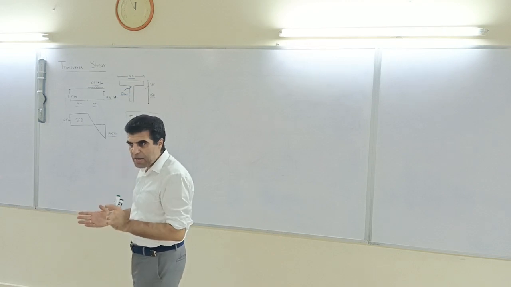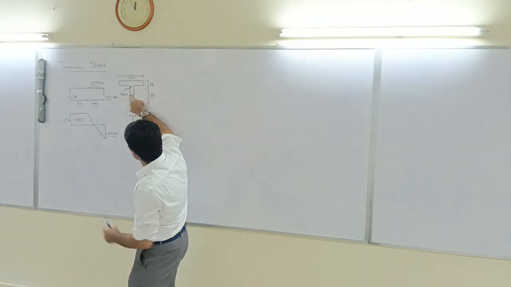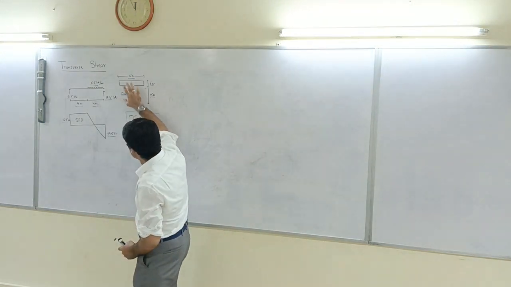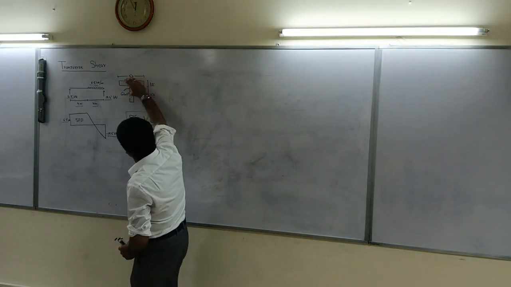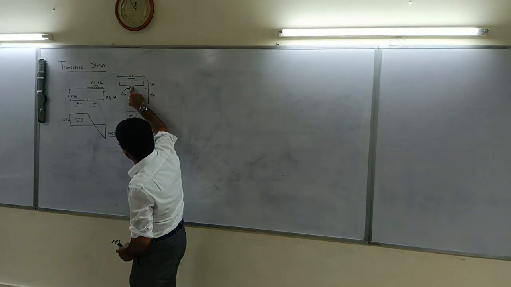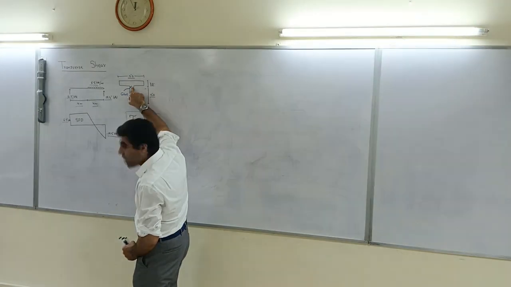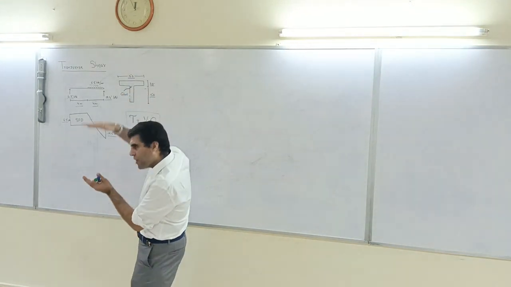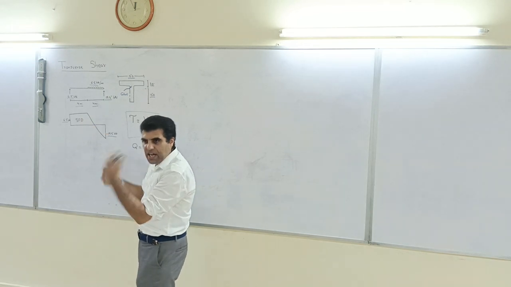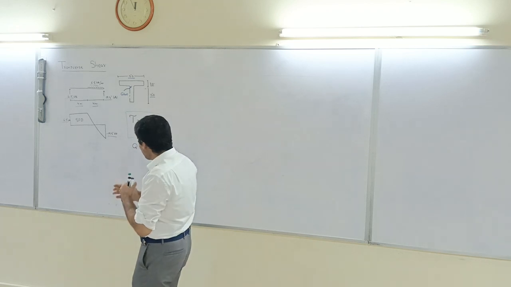Q is the first area moment, so you will see which area you are considering. Imagine if the glue you are applying over here, then you would have been taking this area. But since you are applying your glue at the junction, whatever is on the top, that area moment you will take. So what do we need to find?